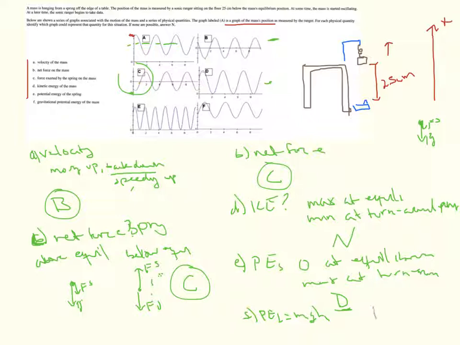So this looks like graph F, right? Because it's going to be getting bigger as it goes up, then it's going to turn around and get less, and turn around and get bigger, and turn around and get less, etc. And that should be pretty well corresponding with graph A, yes. So just thinking through these different graphs should help you think about the different important points of oscillation.